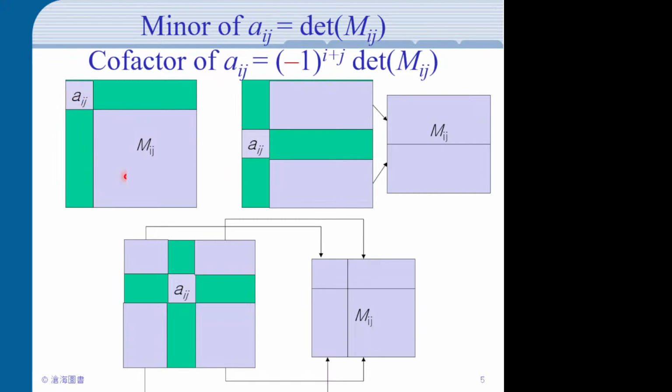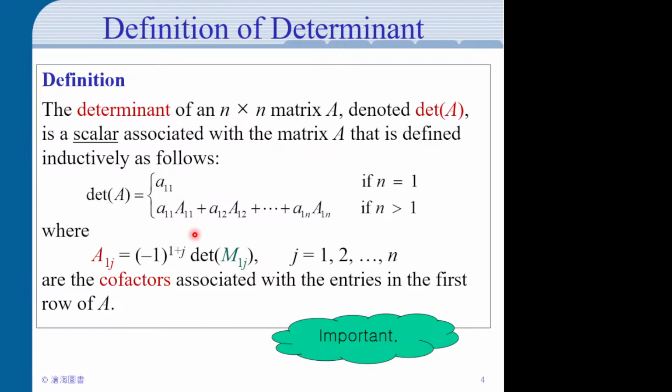You have an element, then the cofactor is minus 1 to the i plus j times the determinant of the remaining submatrix. So you delete row i and column j, and you get a remaining matrix. You calculate the determinant of this and multiply by minus 1 to the i plus j. It's a complicated thing, but we call it capital Aij.